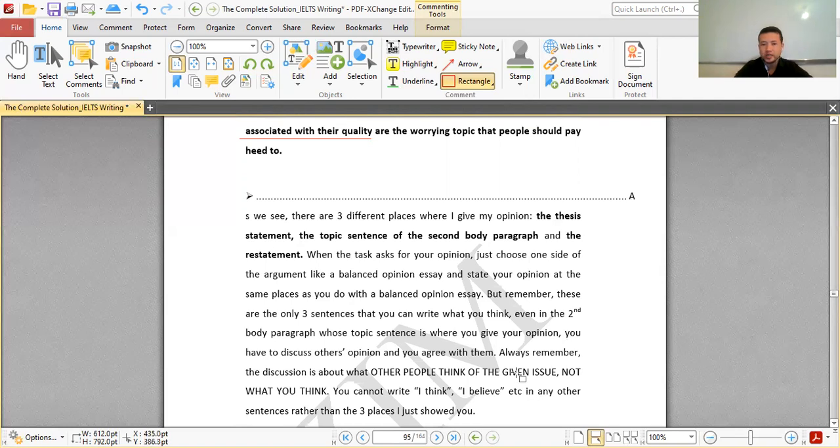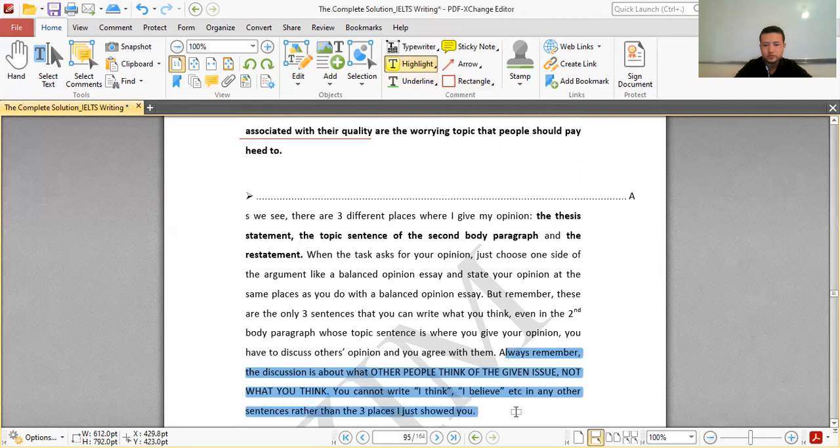And next one, guys, you have to pay attention here. Just a minute here. Always remember, discussion essays are about what other people think of the given issue, not what you think, guys. You cannot write I think, I believe in any other sentence other than the 3 places I just showed you.